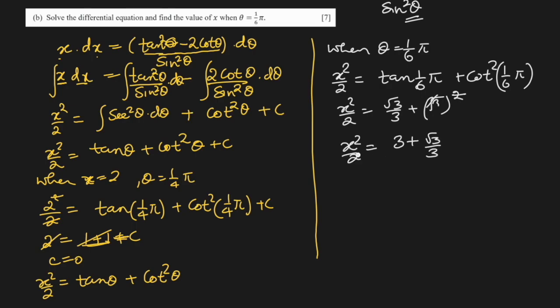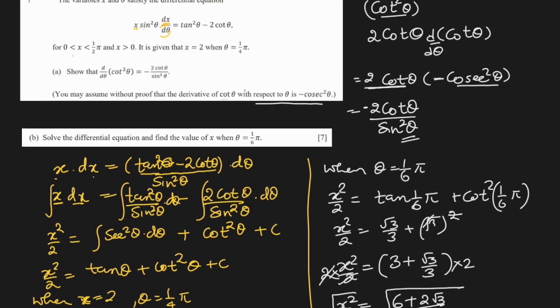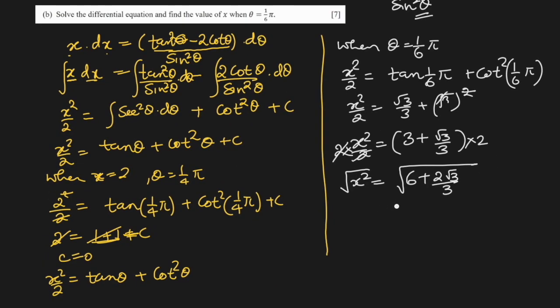Nope. So we'll multiply both sides by 2 now to get the value of x. So x square is equal to 6 plus 2 square root 3 over 3, and we have to square root both sides, plus and minus. They said x is between 0 and 1 over pi, and x is positive, so negative we will not take, just this is the answer.